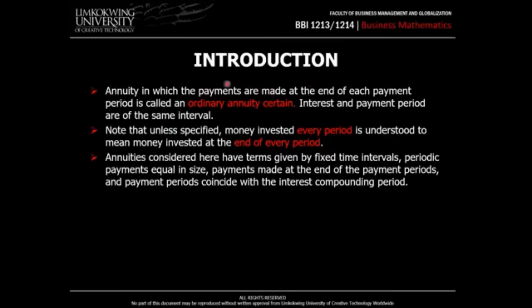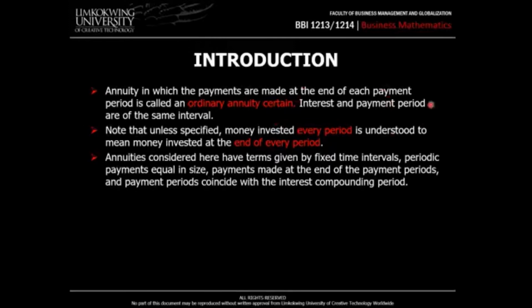It means that every month you have to pay some amount. Let's say on the 29th the payment must be done, and you have the period of 5 years, for example. This is what we call ordinary annuity certain. So we are certain that you have to pay within the period of time given.